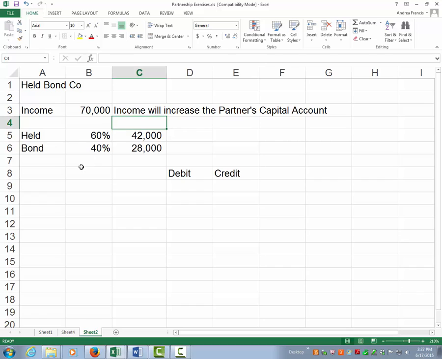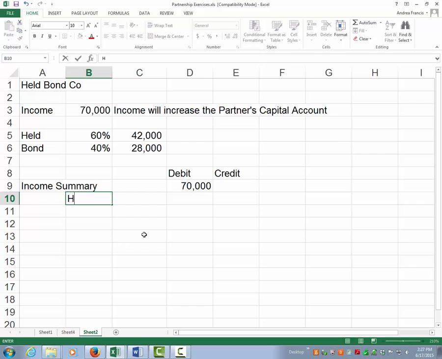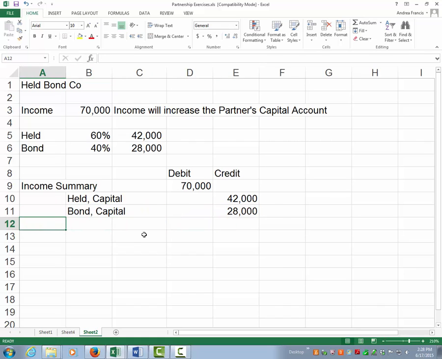As such, when we make the journal entry, we are going to debit income summary for the amount of the income, and we will credit Held's capital with 42,000 and then credit Bond's capital with 28,000, and this is going to be a closing journal entry, and what we are doing is distributing net income to the partners.